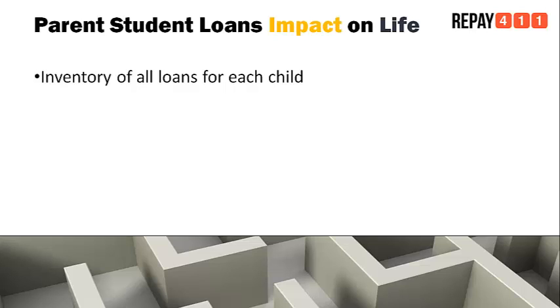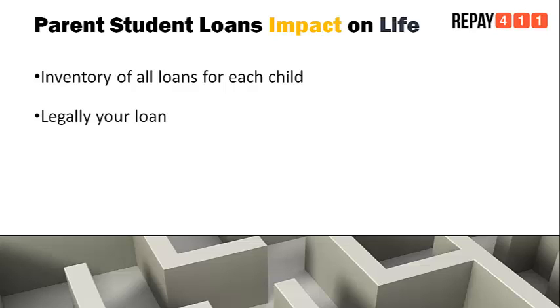And then there could be the Parent PLUS loans. Each of these loans have different legal responsibilities and repayment options. Having an inventory of all of those loans by child would be very, very important. The problem you will run into is there is not one good source of all that information. Probably the best thing to do is pull a credit report, and we have that information on our website, so you may want to visit there on the forms programs.